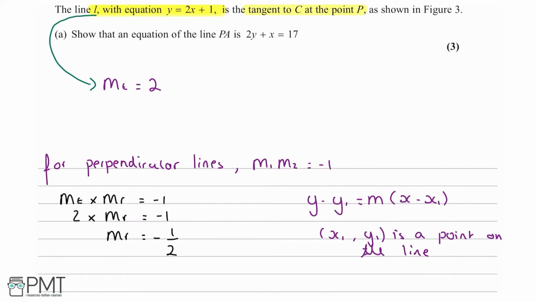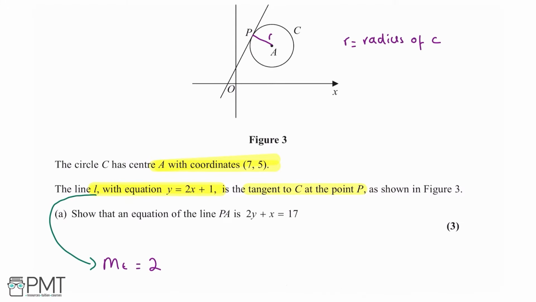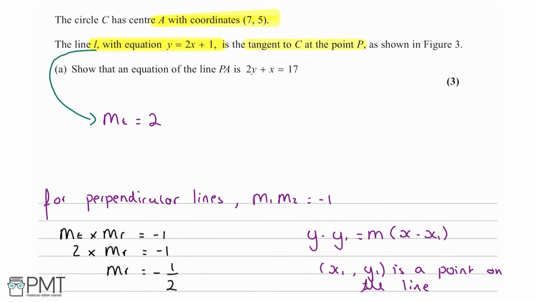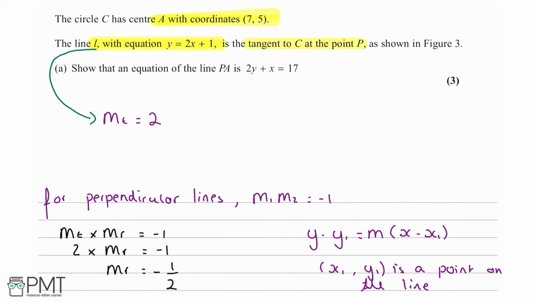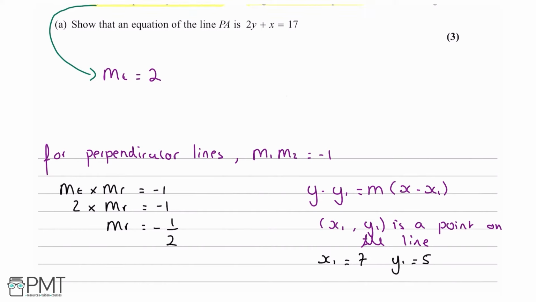So if we come back to our diagram, we can see that PA is this line here, and we can see that it goes through point A. Now for A, we know that our x coordinate of A is 7 and our y coordinate of A is 5. So that means we can plug in x1 into here and we can plug in y1 into here.